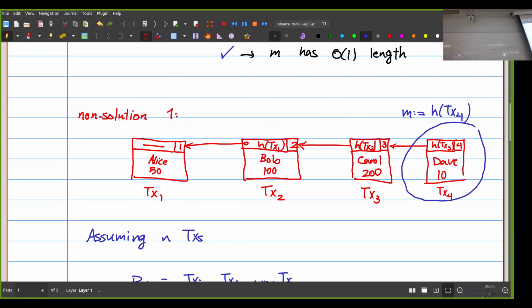Basically, the problem was that when Carol wanted to prove that her transaction is in there, she had to also provide the transaction for Dave. But then the transaction of Dave actually included his name and his amount, right? So if I just define my transactions in a different way, so that my transactions don't have this personal information in them, but they only have, let's say, the hash of the personal information, then no information will be leaked.